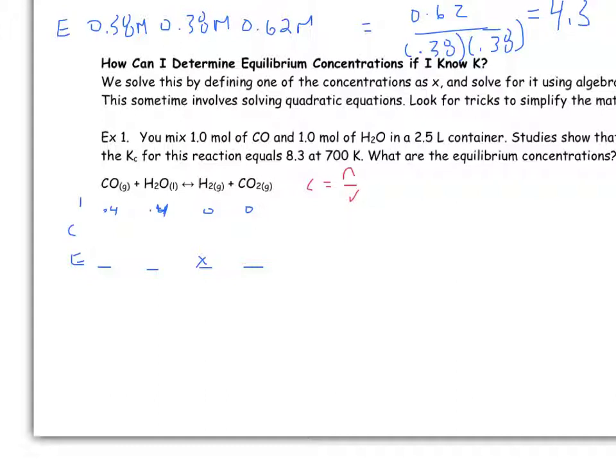If I do that, then my change for hydrogen will be X. Because I start at 0, I end at X, I have a plus X. I have a 1-to-1 ratio to go into CO2.